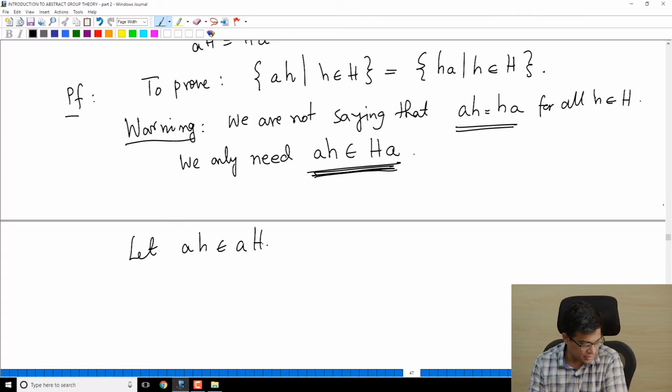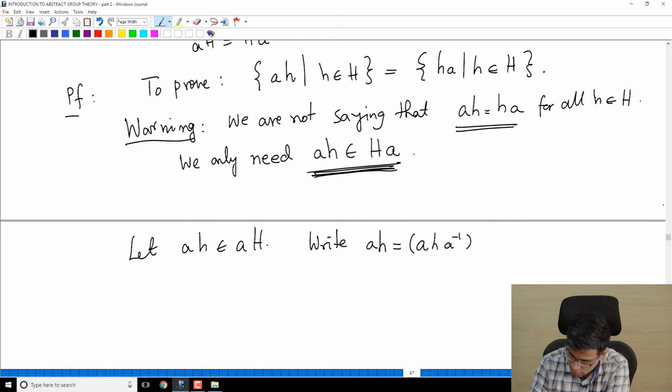Okay. So if ah is in aH, let's rewrite this like this: ah is equal to a h a inverse a. We can write it like this, right? Because by associativity, a inverse and a can be first multiplied and that is the identity and you have ah.